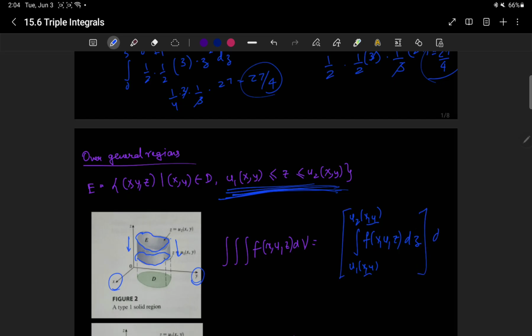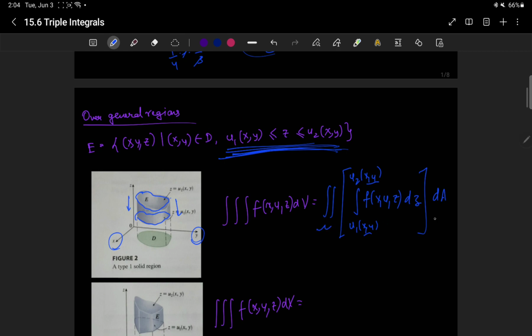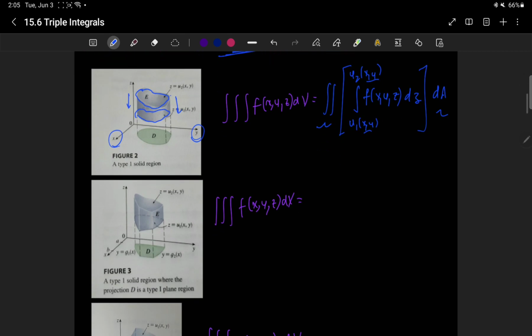And then for the second part, we're going to do a dA, which is a double integral. For a double integral, we know there's more than one way of doing it. If the region D is such that it's y that varies, then u1(x,y) and u2(x,y) remain the same, so this is dz first.